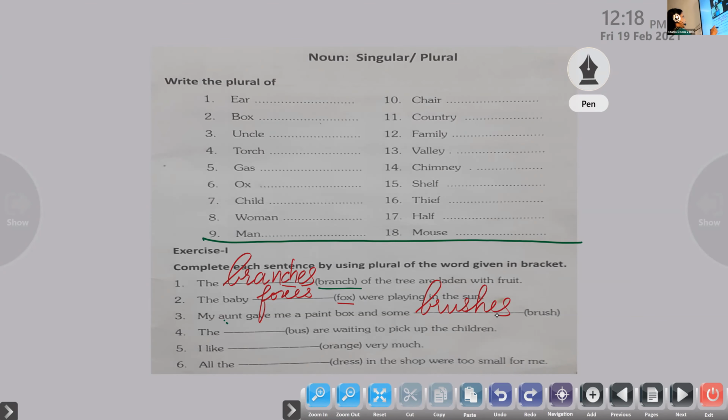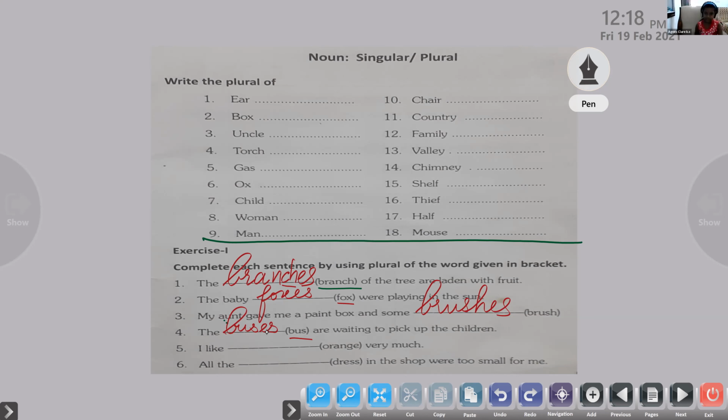So bus, what's the plural form for bus? It ends with S. So what do we have to do? Add ES at the end of the word to make the word into plural.